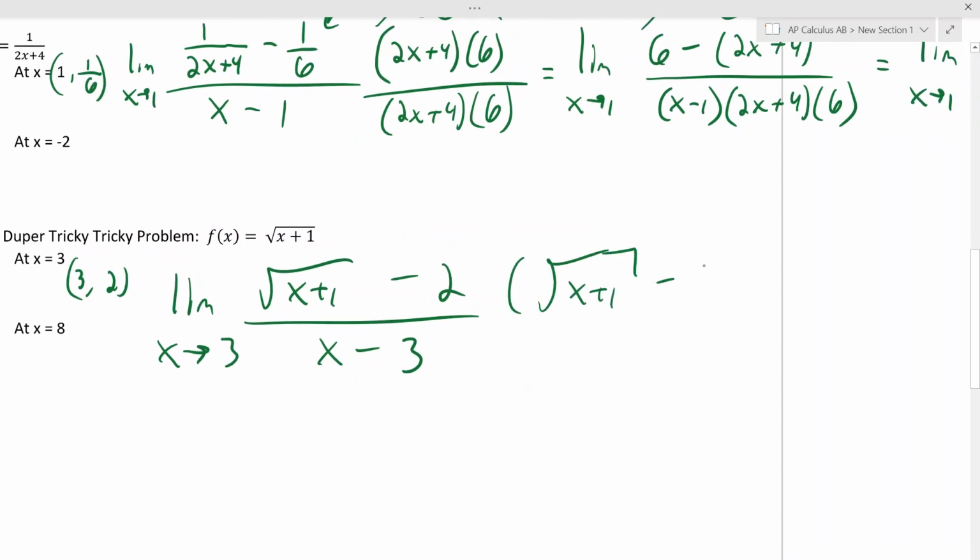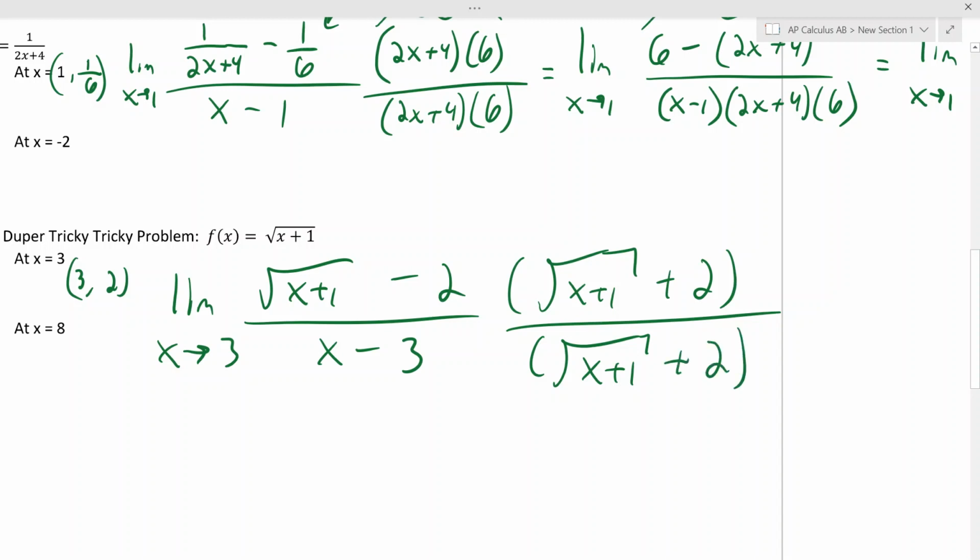If you got radicals, you want to get rid of them with the conjugates. So the conjugate of √(x plus 1) minus 2 is √(x plus 1) plus 2. So the sign, plus 2. The sign inside the radical, the x plus 1, that doesn't change because that's like all one big thing combined together. The sign that matters is the difference between them right there. So that's what changes to get that conjugate.